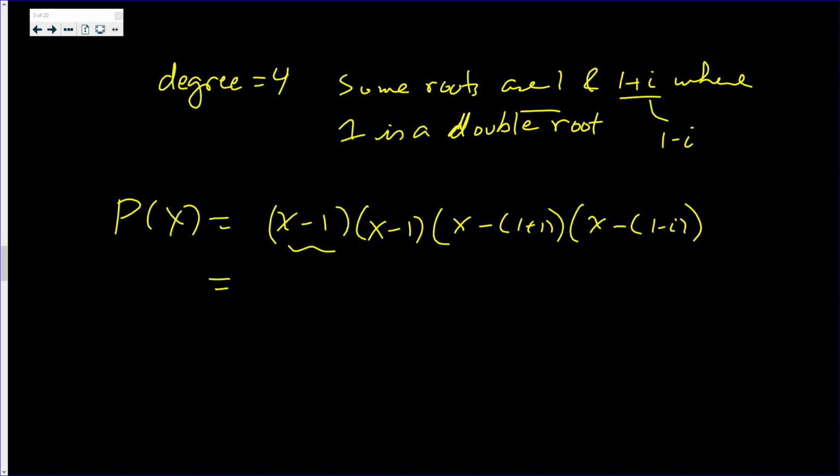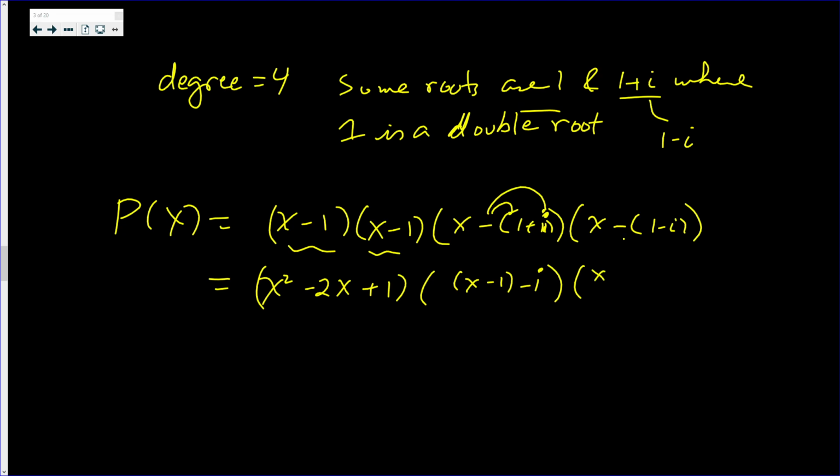The first two multiply out to x squared minus 2x plus 1. And the next two, you should really be able to do this. It's x minus 1, in brackets, minus i, and here you have x minus 1 plus i.